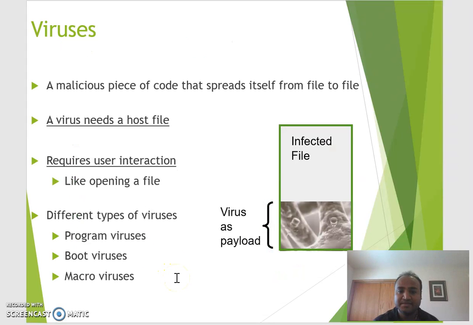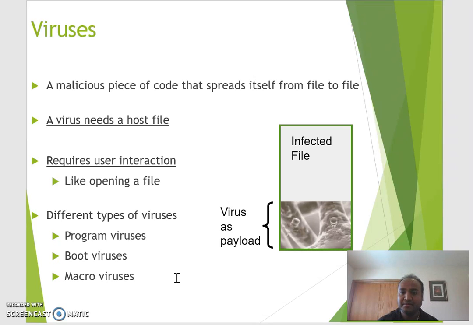So what is a virus? It's a malicious piece of code that spreads itself from file to file. Basically it will start infecting particular files, and then it will keep spreading until your computer is completely virus affected. A virus needs to have a host file.